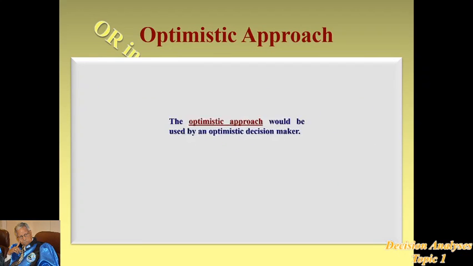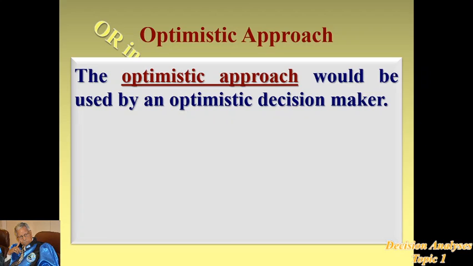The optimistic approach. Under the optimistic approach, the decision maker will be optimistic, so he will select as much profit as he can, or as low cost as he can.